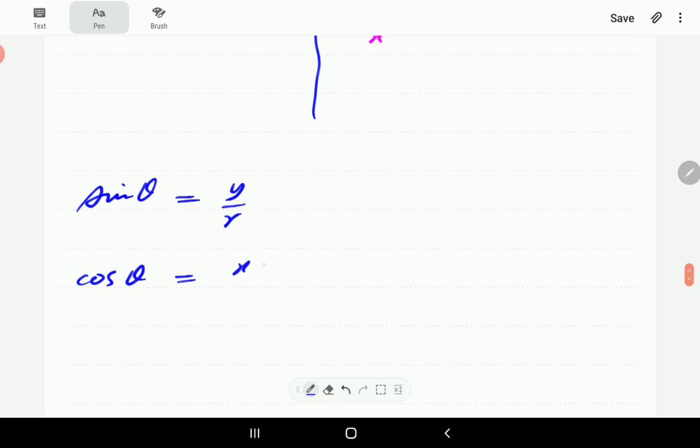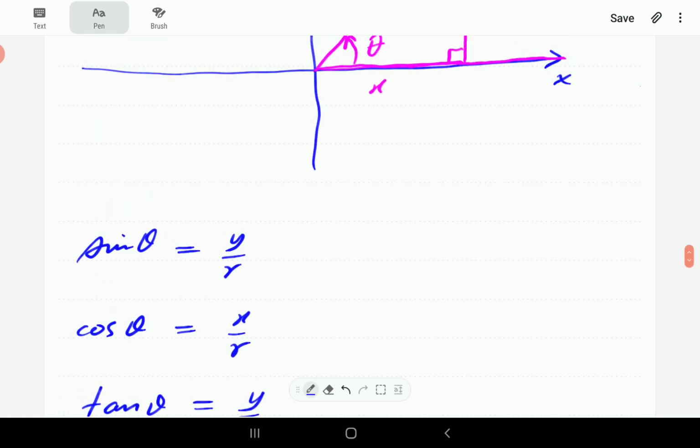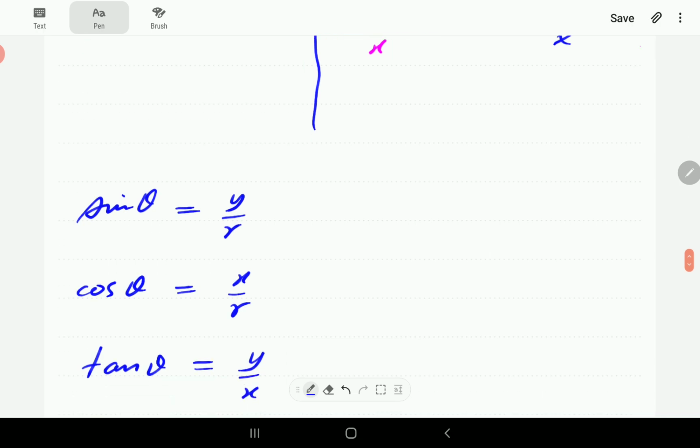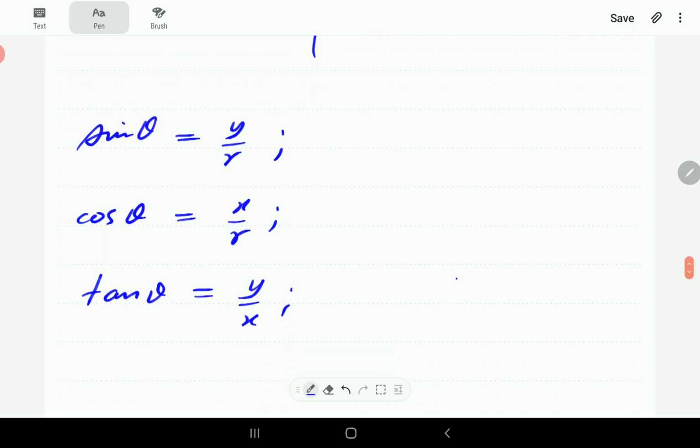Cosine theta is going to be x over r, and tangent theta is going to be y over x, opposite over adjacent. Along with these three trigonometric ratios, we introduce three other related ratios.